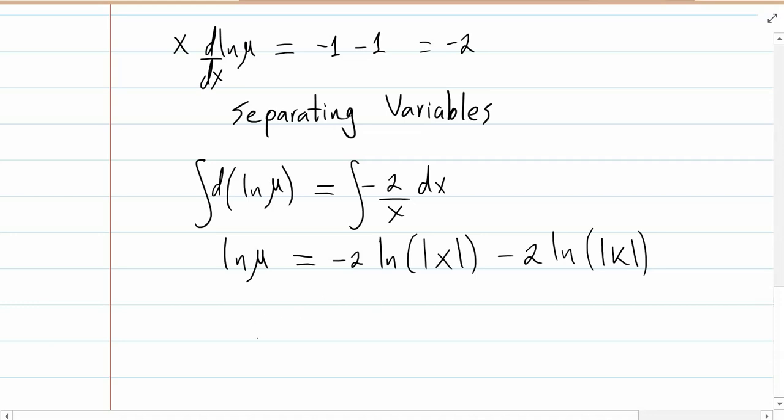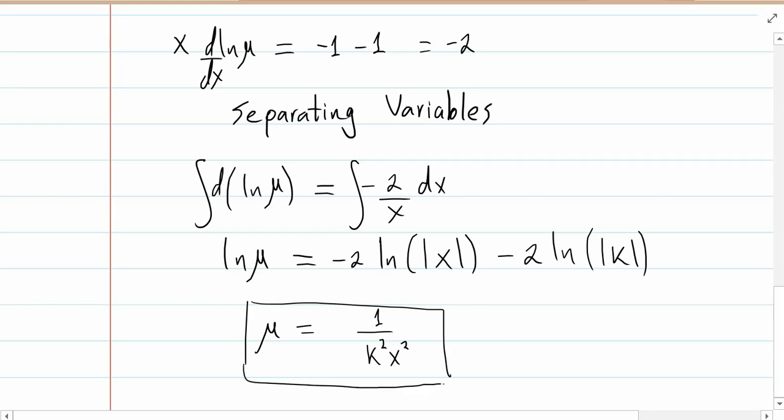Combining the logs, I have that mu is equal to 1 over k squared x squared, which is indeed a function entirely of x.